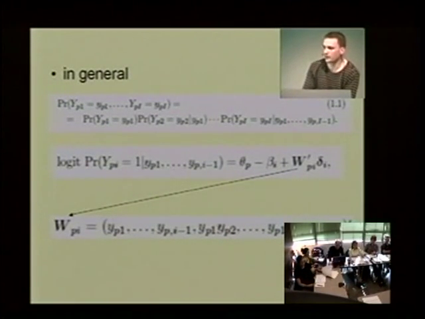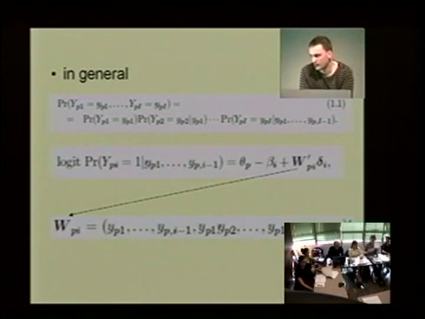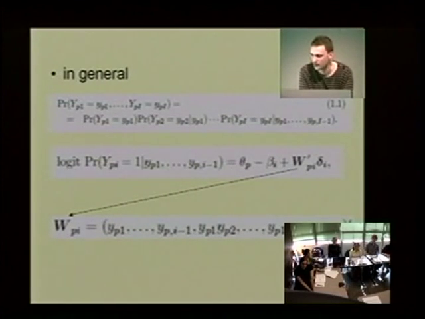Here I copied some equations from the book, and it is only to focus your attention on the fact that the formulation of the model can be much more general than what I have done before.